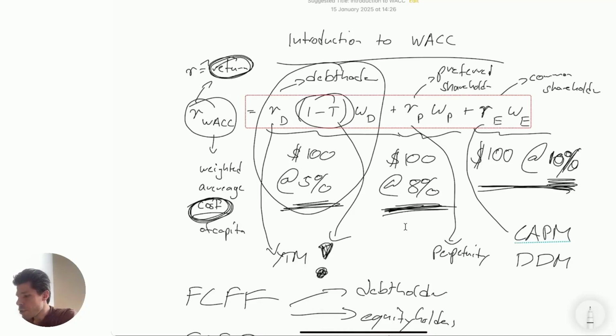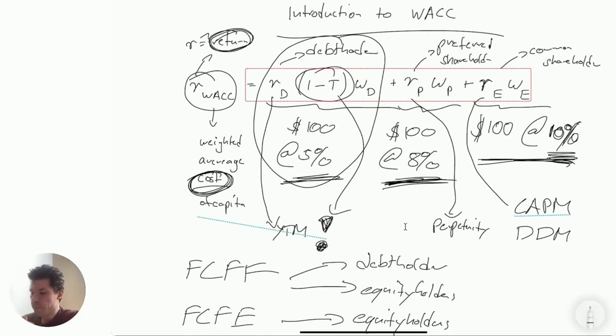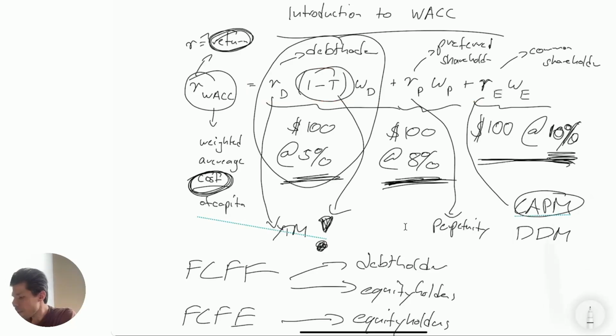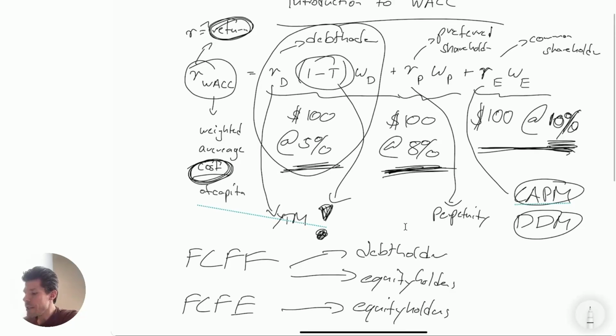You can use yield to maturity measures or more complex spot rates. I have done a video on the capital asset pricing model and DDM. We'll do some other videos on the other measures. So here are some methods for how to calculate your return.